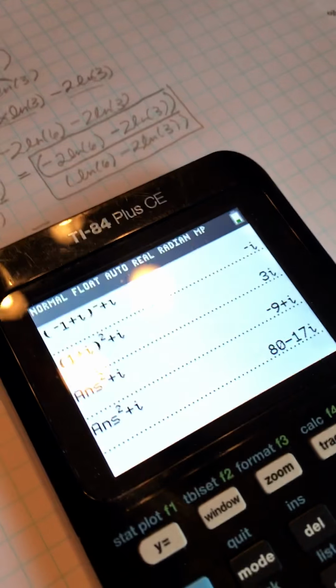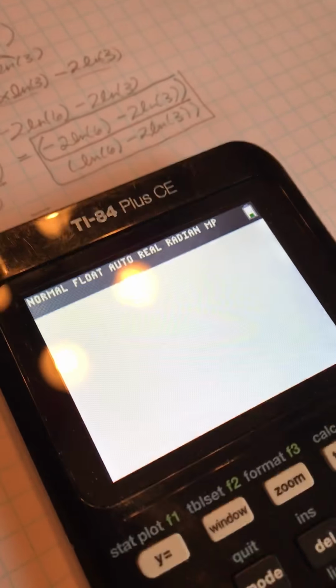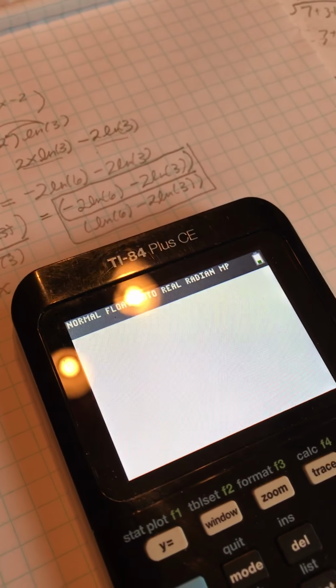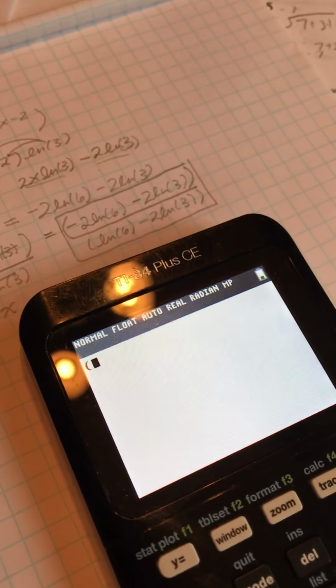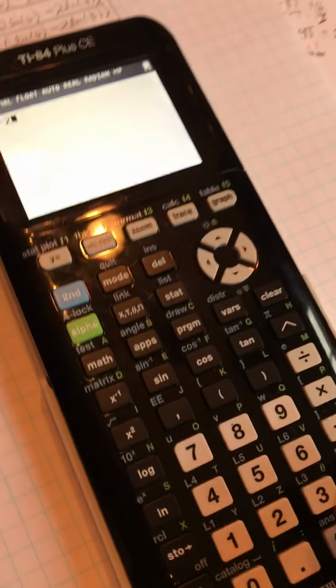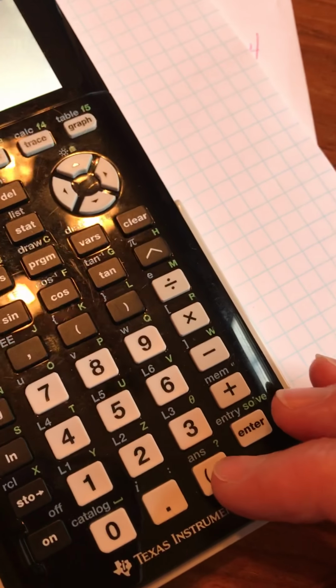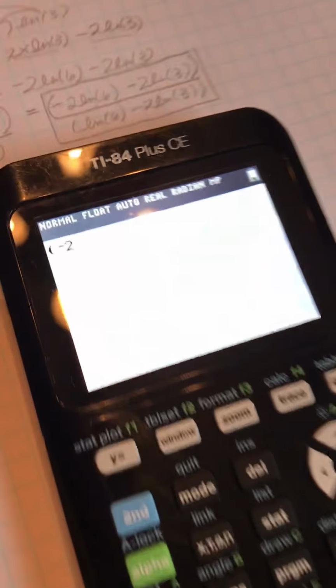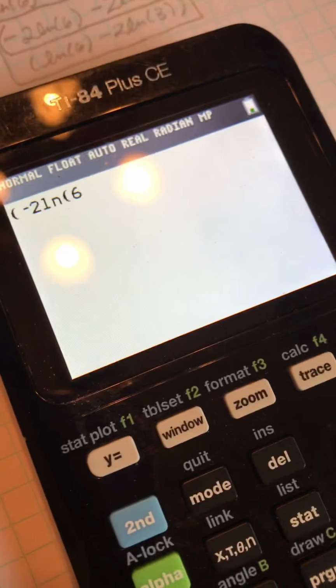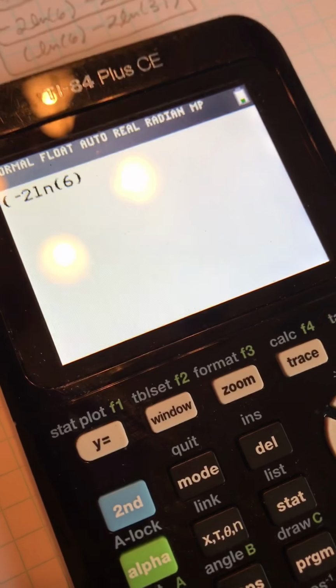Let's see if I can show you how that would go. Okay, a little bit of glare on the lights. Open parenthesis, negative 2. I was going to show you that I was hitting the negative key here instead of the minus key. That's important, of course. Negative 2 ln of 6. See, it opens up that parenthesis for you, so you got to make sure you close that.